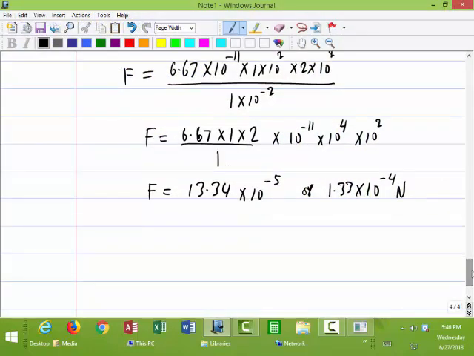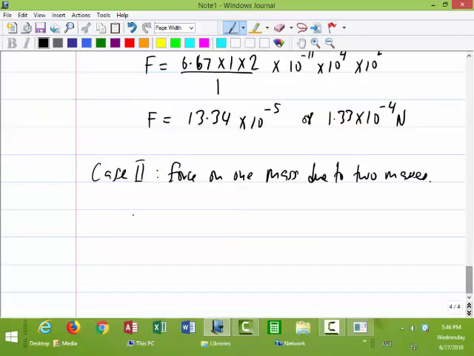Let's look at the next example: force on one mass due to two other masses. In this case, I'm going to draw three masses on the corners of a right triangle. I'll call this mass 1, that mass 2, and that mass 3.